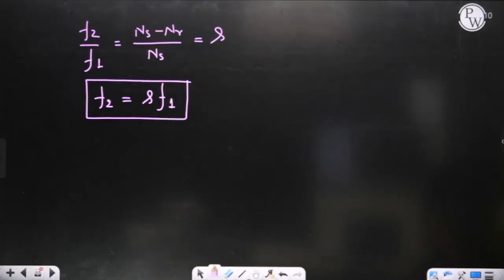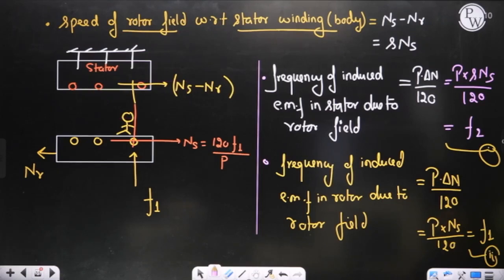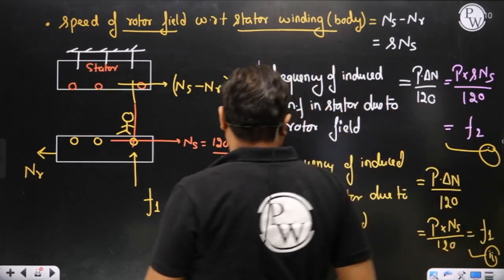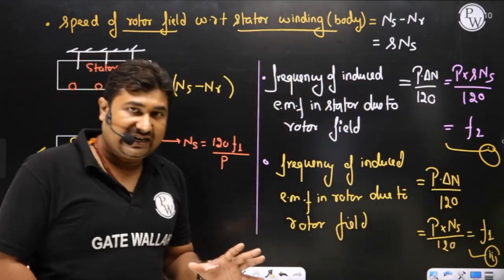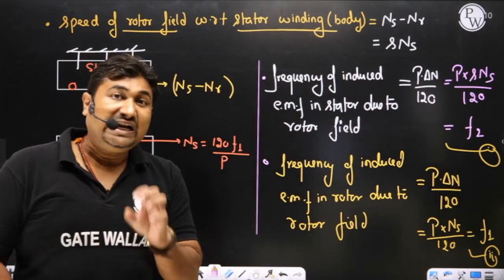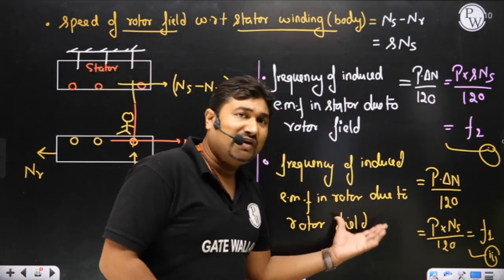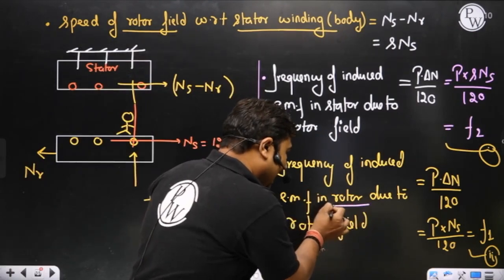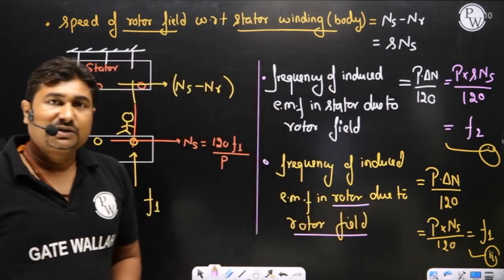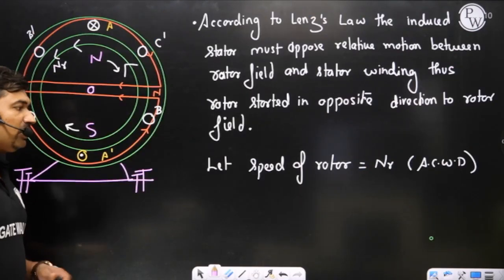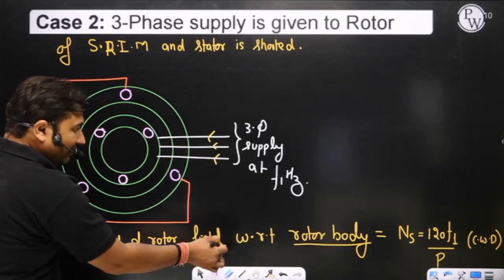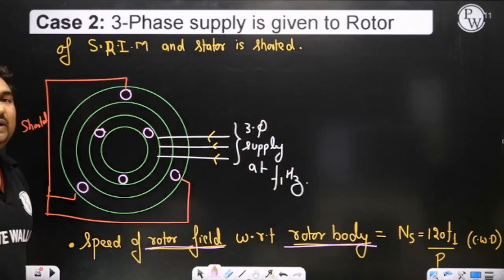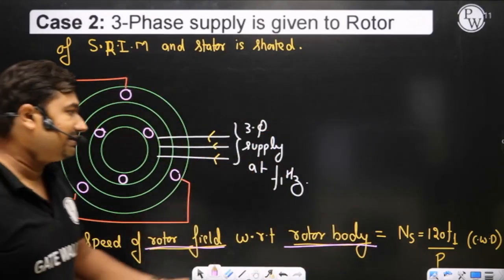Once again, the frequency of induced EMF in the rotor due to the rotor field. The frequency of induced EMF is always P delta N by 120, where delta N is the relative speed between field and winding. Which field and which winding? Rotor field and rotor winding. The speed of rotor field with respect to rotor winding is Ns only.